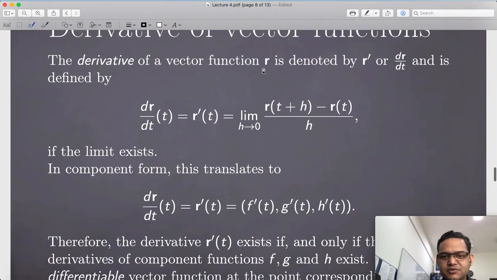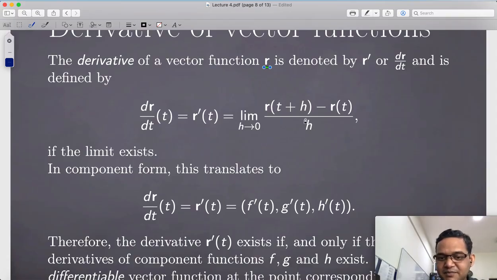So again, you take a function r, then the derivative is always denoted as r prime or dr over dt, and how is it defined? It is defined as a limit. You look at the difference r(t plus h) minus r(t), where h is small or going to 0, and multiply it by 1 over h.